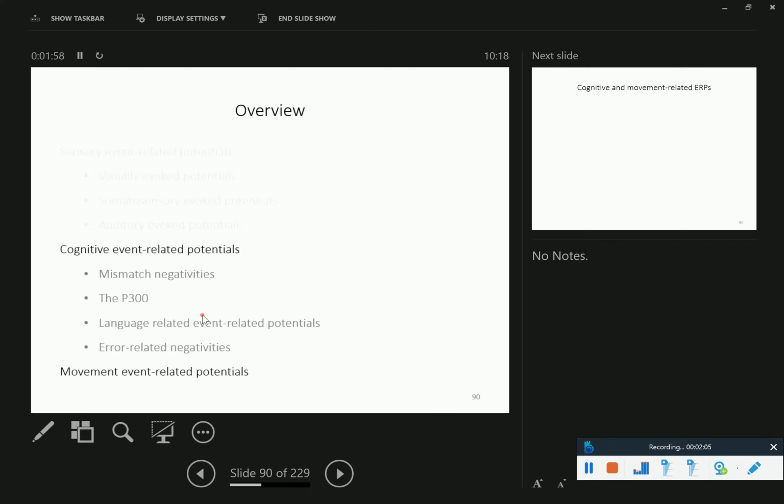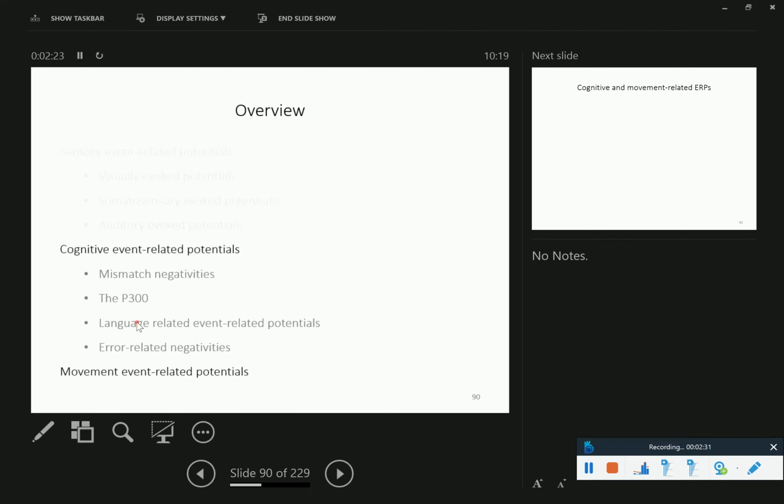I personally worked on mismatch negativities and P300s because there's currently a very small subfield, a very small collection of people who actually look into the computational modeling of these, and every year you have two or so papers that do that.